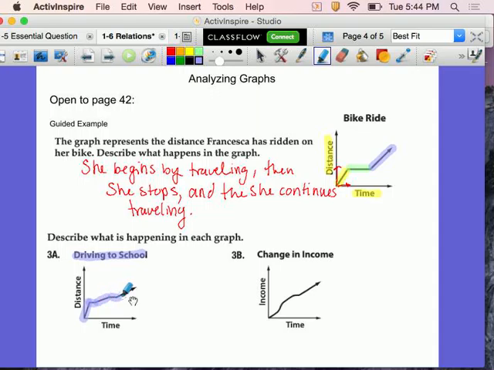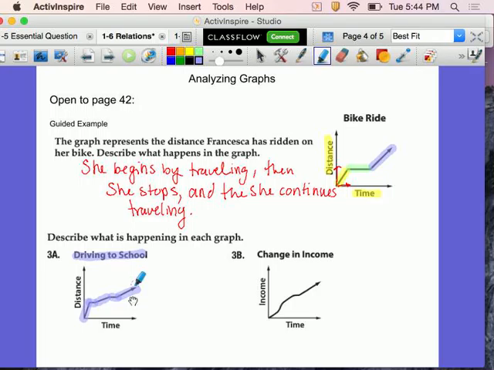Then they stop again, and then they continue on. So paying attention to the sharpness of the line will help you get a better story. I know they traveled far here, which means they probably went faster than they did over here. So they drove, they stopped, they went slower this time, but they moved. They stopped and they went a little faster.